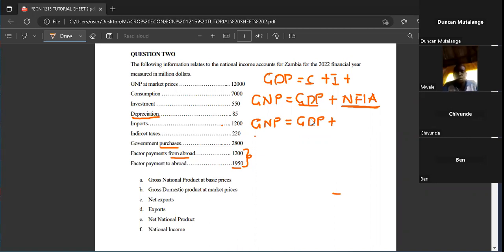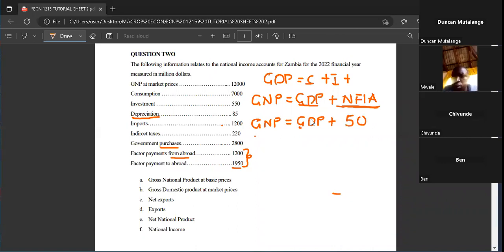Please try to calculate it. Anybody? 1,200 minus 1,950. Yes, Mwale, what's the answer? 50. 50, right? So the net factor income from abroad here is equal to 50, isn't it?